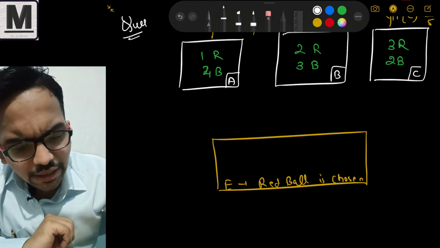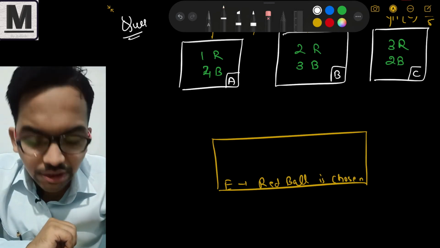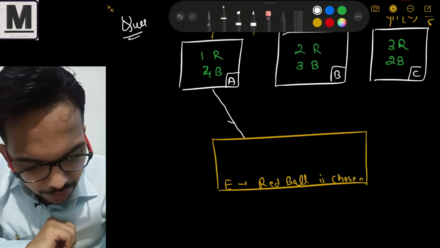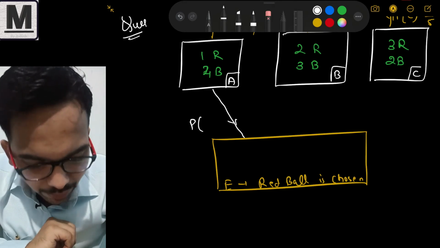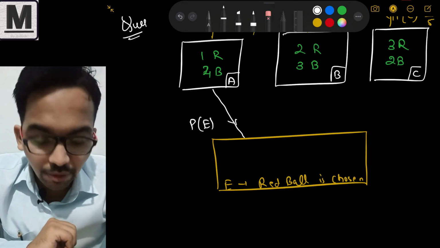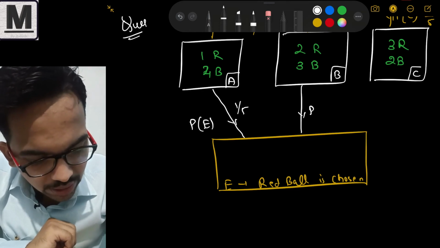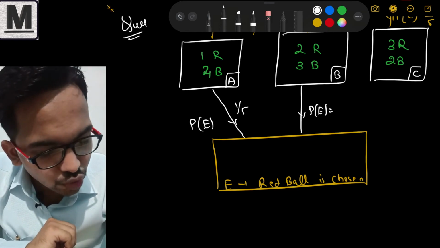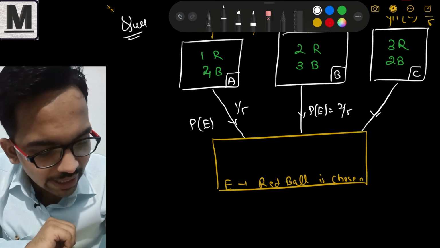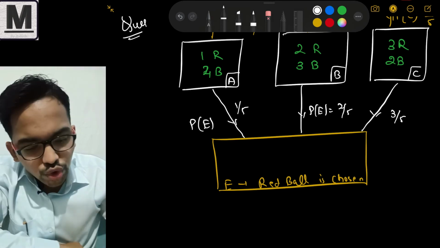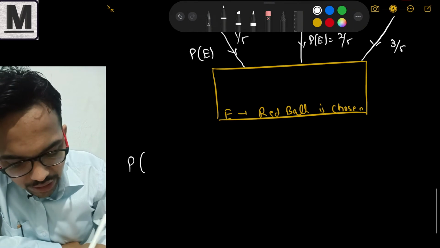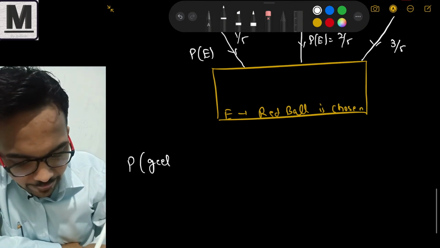You might have chosen the first bag, and the probability of getting a red ball from the first bag is 1 by 5. From the second bag it is 2 by 5, and from the third bag it is 3 by 5. So I ask, what would be the probability of getting a red ball?